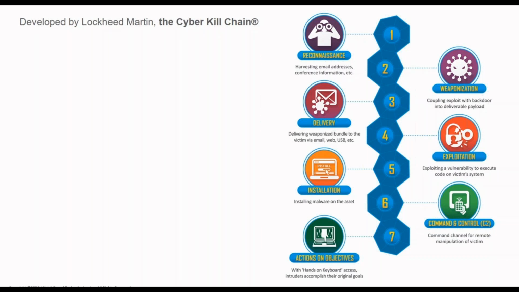So mainly it starts with reconnaissance, weaponization, delivery, exploitation, installation, command and control, and then depending on the objective of the attacker, we will have the attack. So let's dive deeper into this and take a look at each one of these steps.